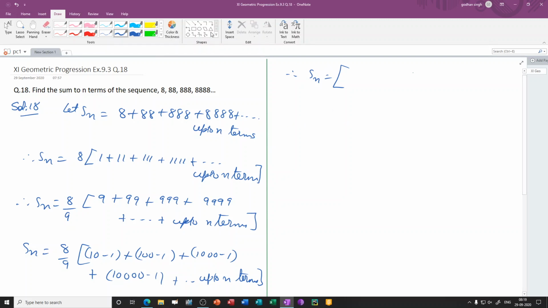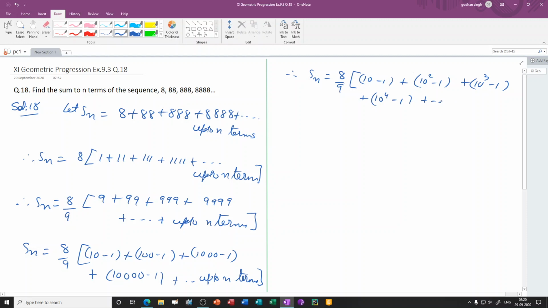So Sn equals 8 by 9 times 10 minus 1, plus 100 can be written as 10 square, so we have 10 square minus 1, then 1000 can be written as 10 cube, so we have 10 cube minus 1, and plus 10,000 can be written as 10 raised to 4, minus 1, and plus so on up to n terms.